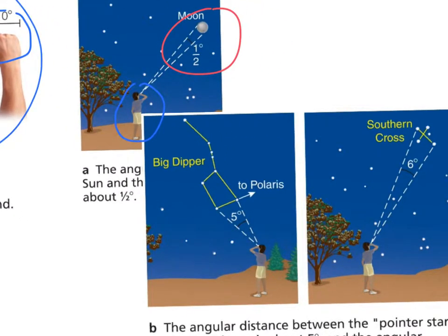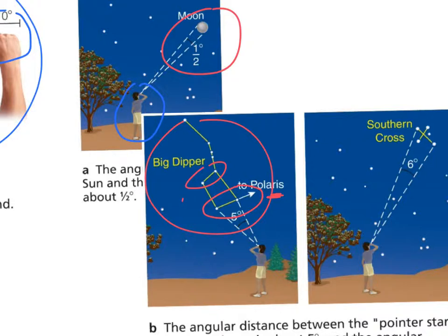So a few other angles of interest. Right here, the bowl stars, you recognize the Big Dipper in Ursa Major. The two far bowl stars we call pointer stars because we know they point to Polaris. And so these point to Regulus in the constellation Leo.